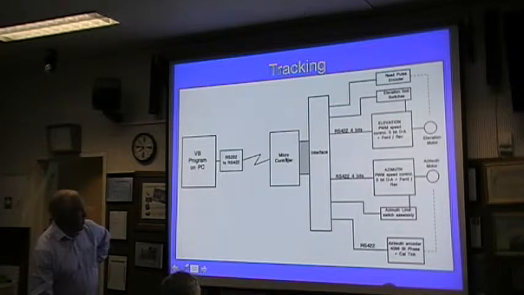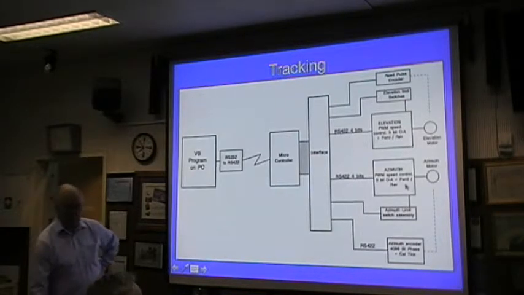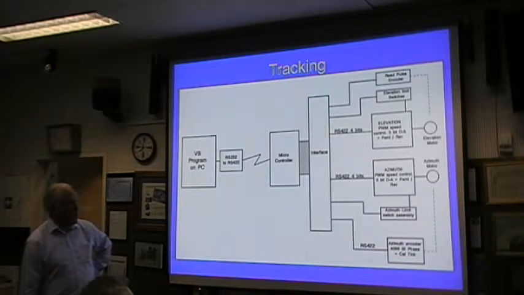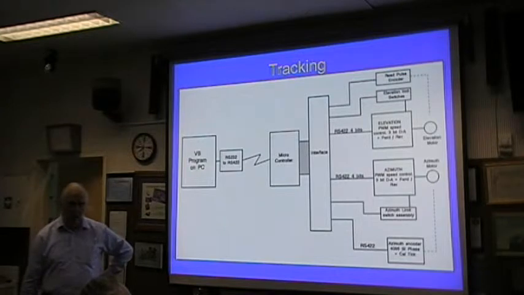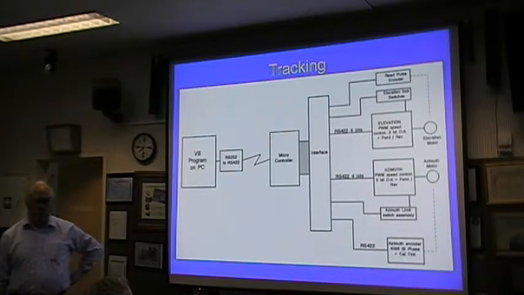Simple RS-232 connection, microcontroller, and then elevation and azimuth motors driven with pulse width modulation generated by the PIC. The PICs also read encoders. The azimuth encoder was a 4096 incremental encoder.